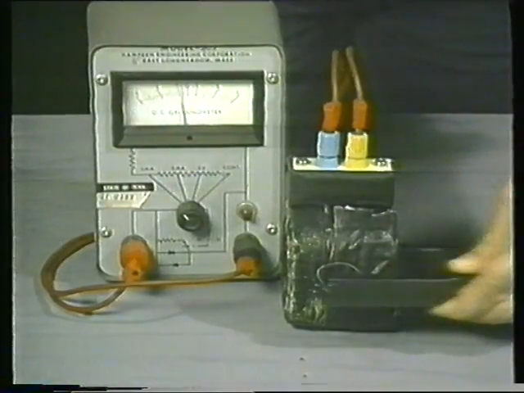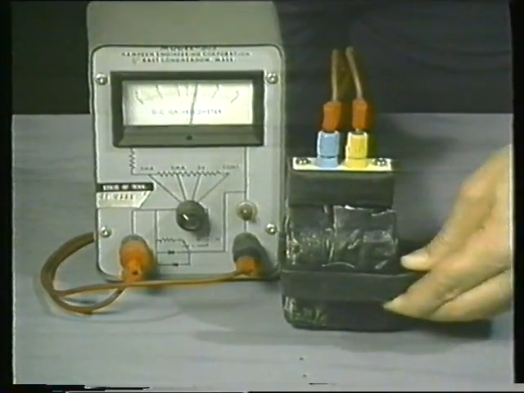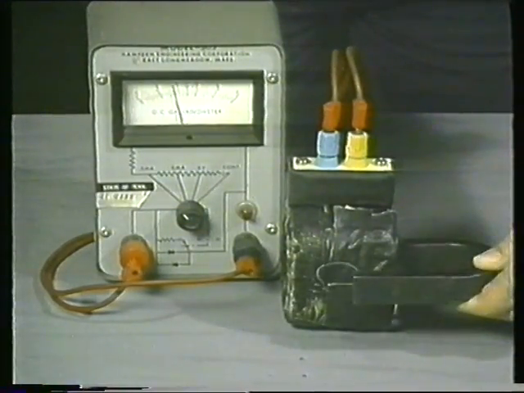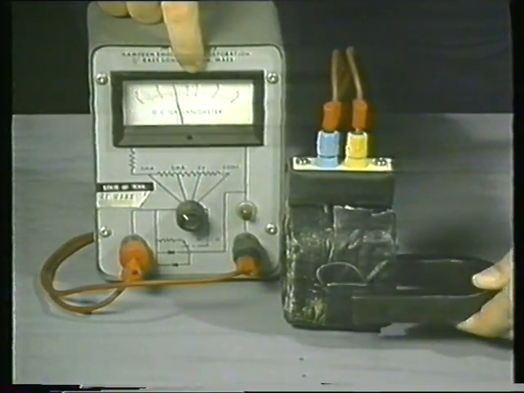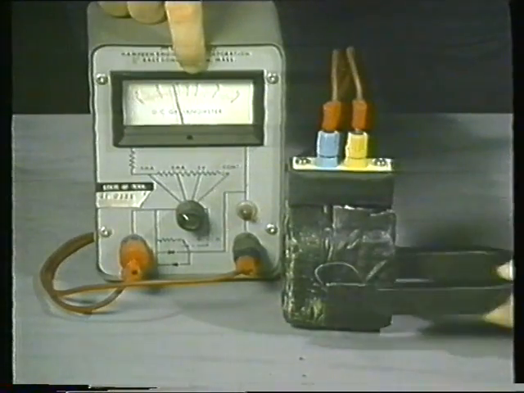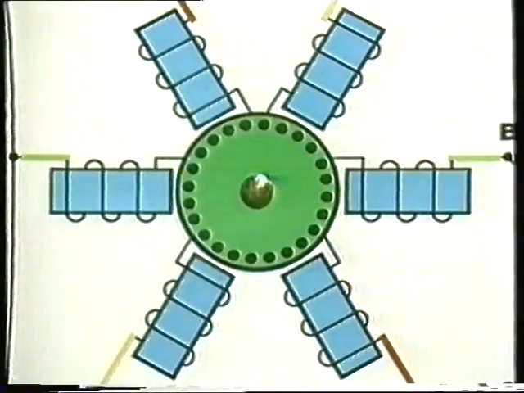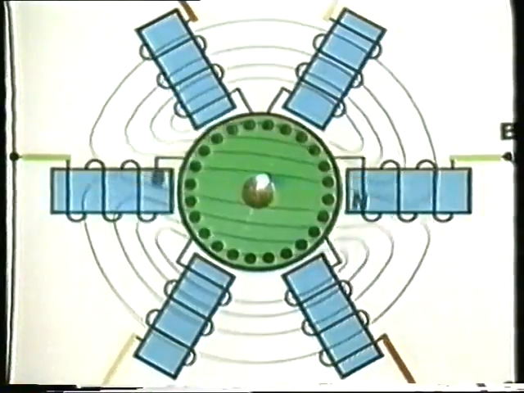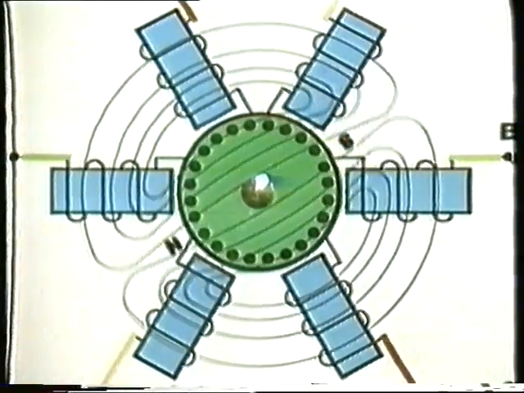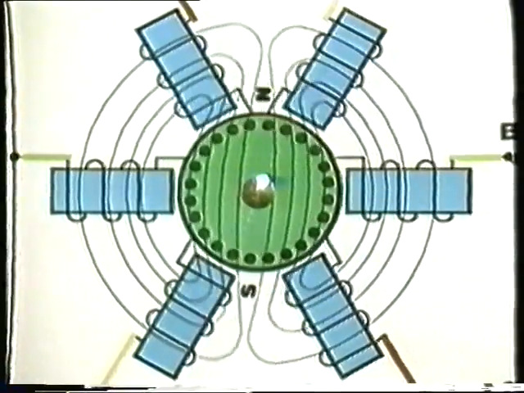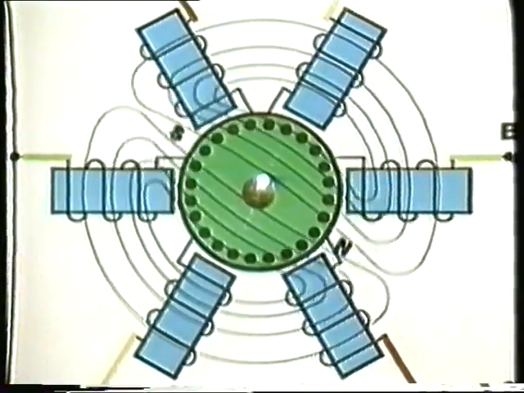Now, anytime lines of magnetic flux move through a conductor, voltage is induced in the conductor. The more lines, and the faster they move, the higher the induced voltage. At startup, as soon as alternating current is switched on to the stator windings, magnetic poles travel around the rotor at synchronous speed.